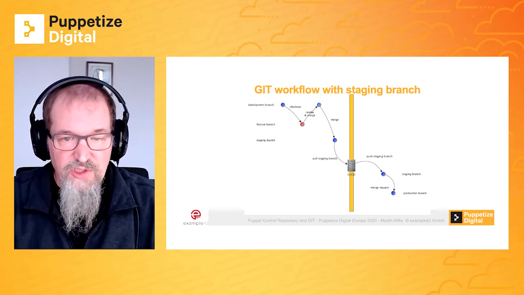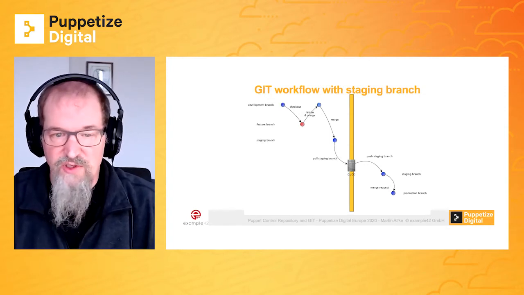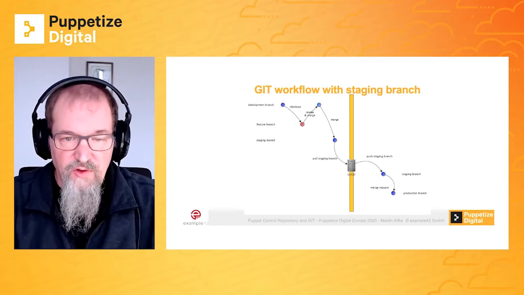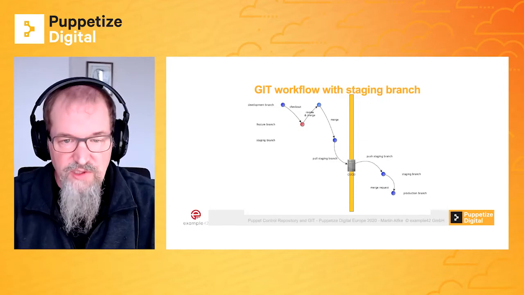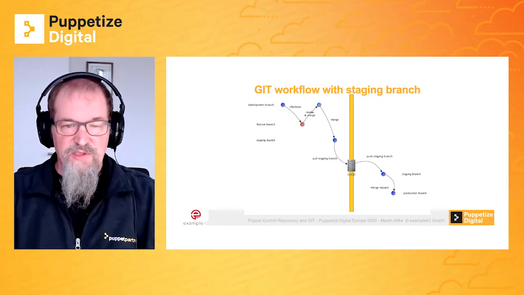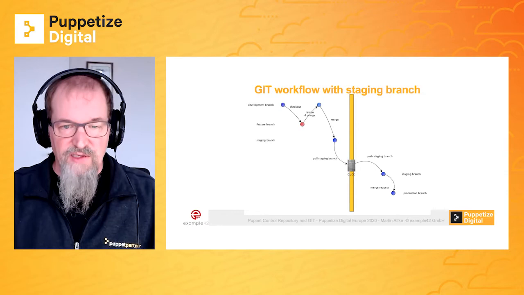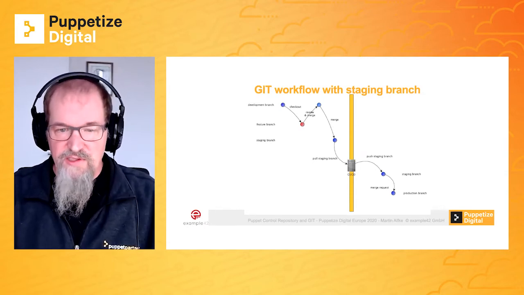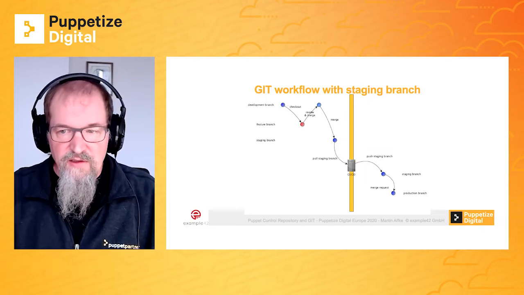It again pushes the code into the same staging branch, but on the Git server in the production network. There you also again create a merge request, and this merge request must be done on the Git master in your production network. There someone has to log in and click the merge request.